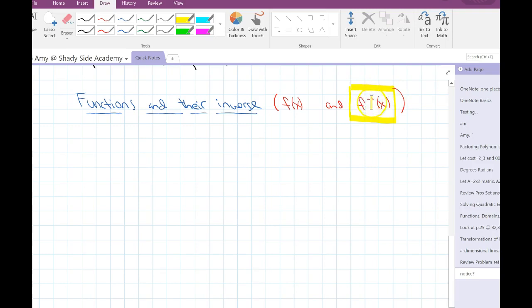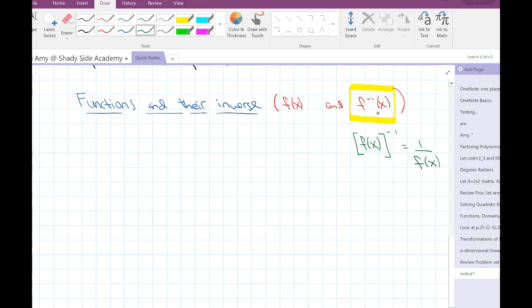That is not treated as an exponent. Okay, not to be confused with this, please, ladies and gentlemen, where it's f of x to the power of -1. This would equal 1 over f of x, okay? But the inverse of function f, that is this notation right over here.